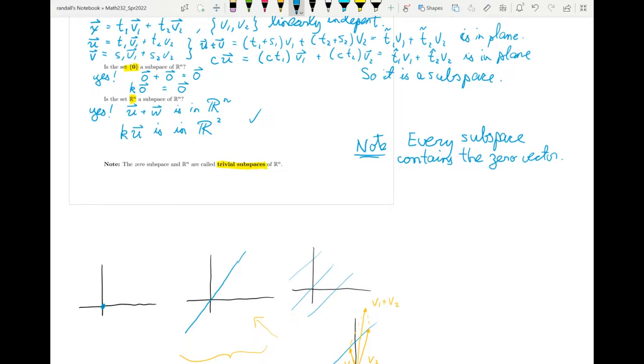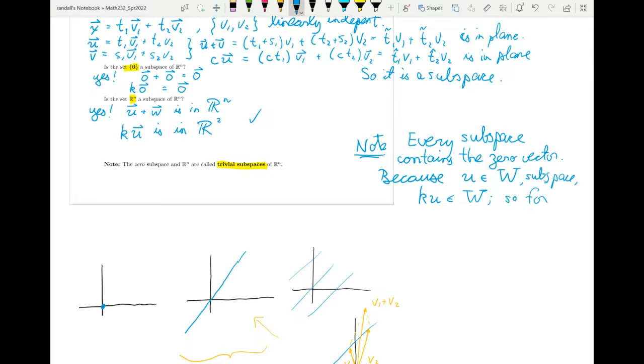But how do you know this fact, that every subspace contains the zero vector? Because if you take a vector u from that subspace, then ku is in that subspace.